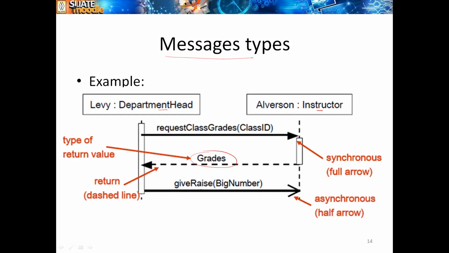Then a half arrow with a dashed line returns something, but not a return. It sends a message but not a return, to the department head, sending some message to the instructor. Give raise.